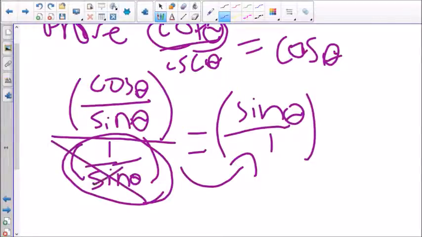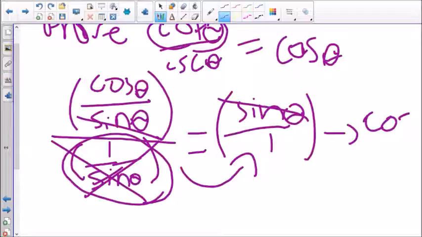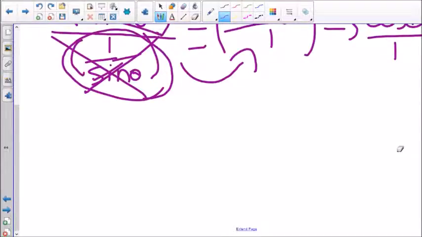So now you are able to cancel out the sines because there's a numerator and a denominator. Multiplying those together would just give you 1. So now you're left with cosine theta over 1, or just cosine.